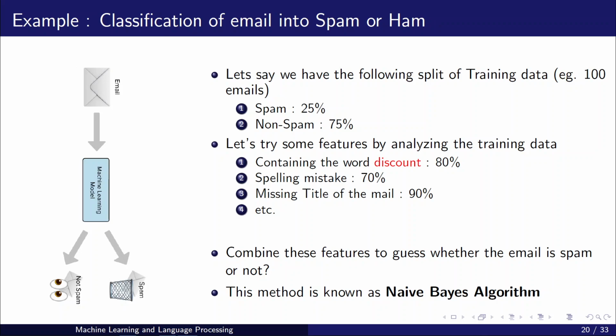Using this probability, or conditional probability, we say whether a new object can be placed in one class or the other class. So this is a classification algorithm, classifying an email into spam or not spam.